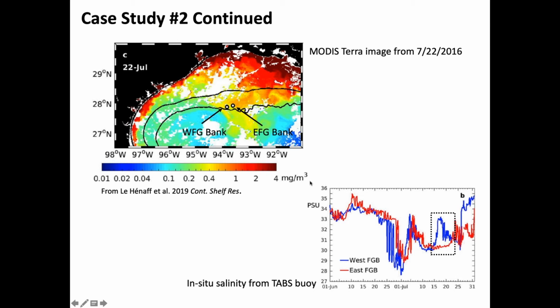You can see that these buoys are no longer there, but at the time there were two buoys over each reef location. And this is the salinity record. The red is at the eastern location, which was impacted, and the blue was at the western location.